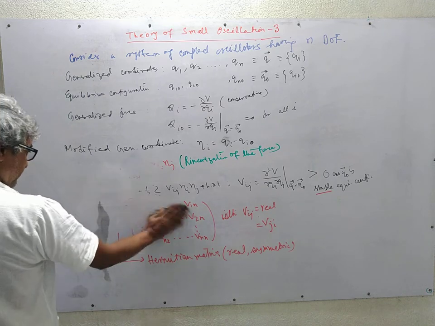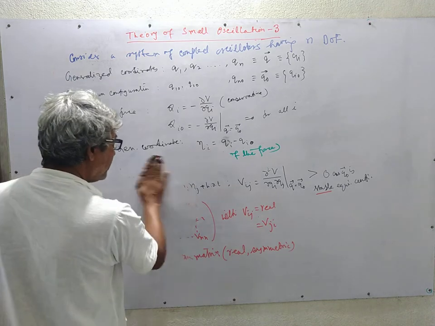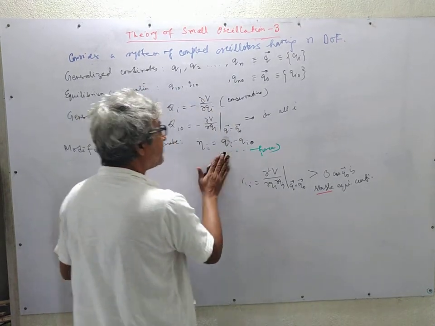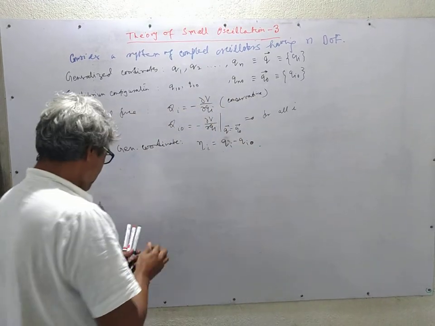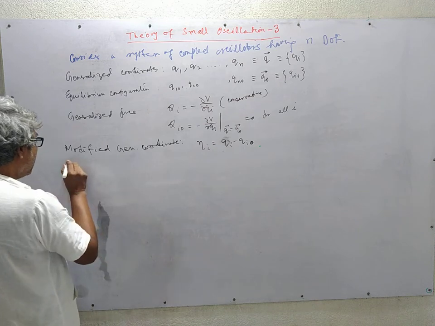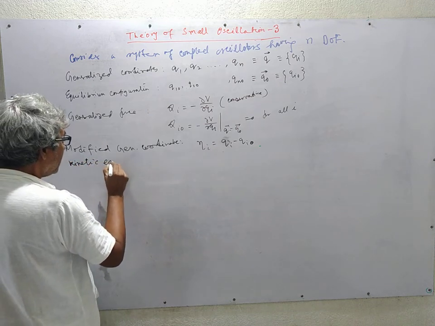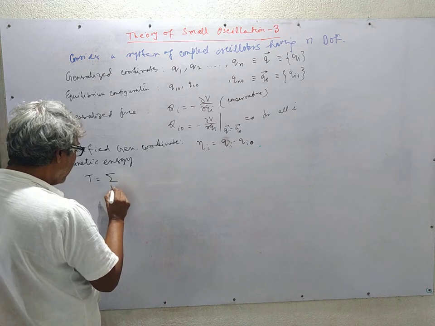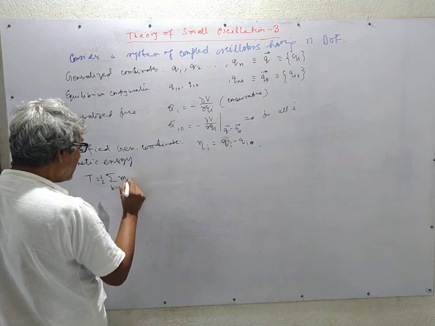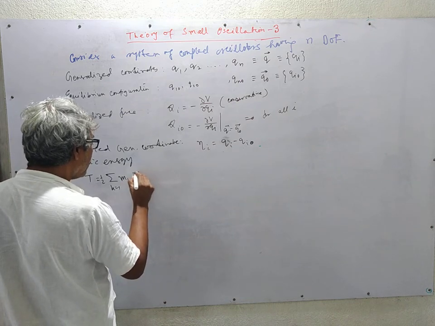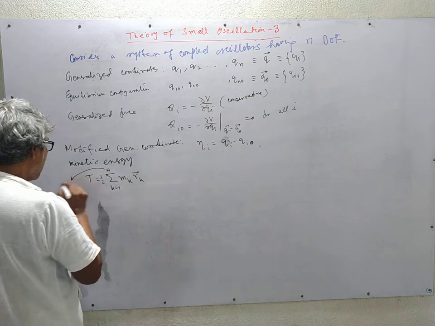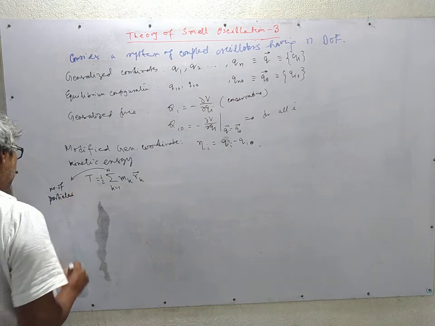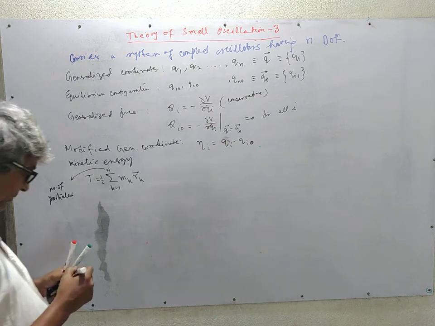Coming to the kinetic energy, the kinetic energy T of a system comprising of capital N particles can be represented like this: T is equal to half summation mk rk dot square, k is equal to 1 to N. This is the number of particles, or here the number of oscillators of the system, but not the degree of freedom.